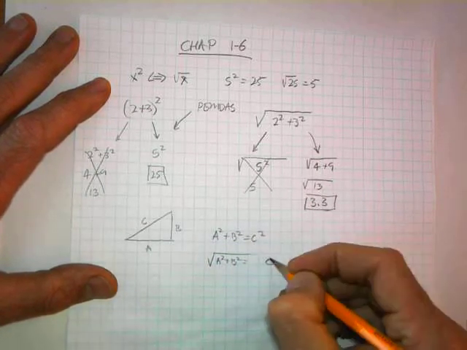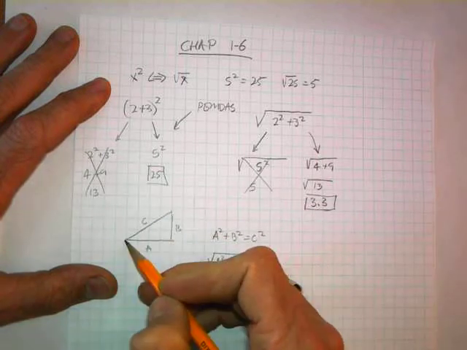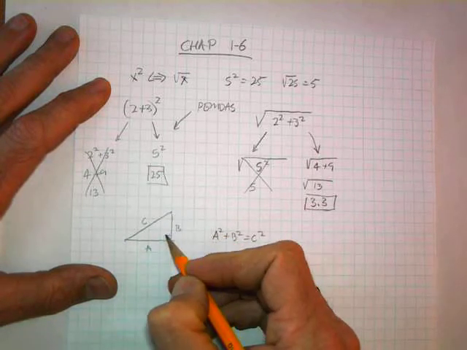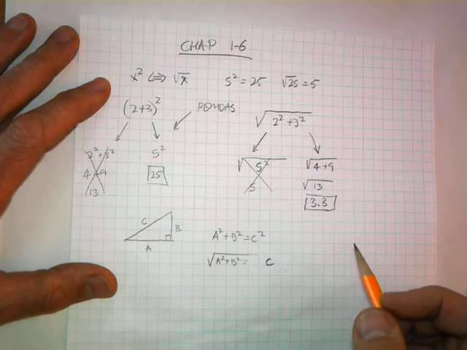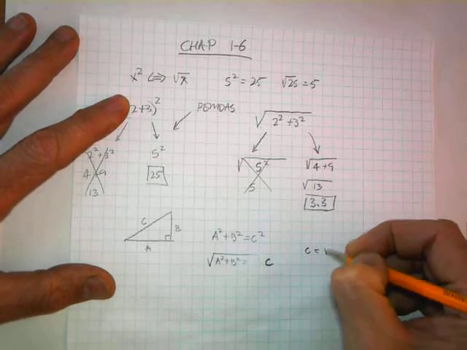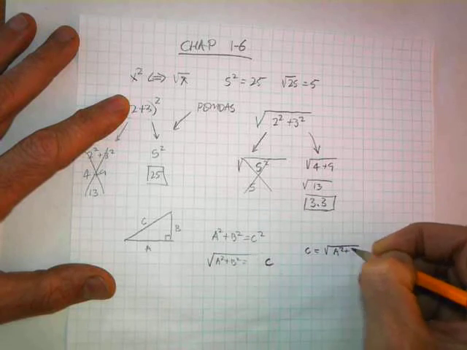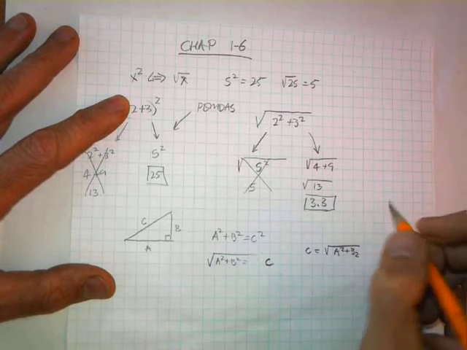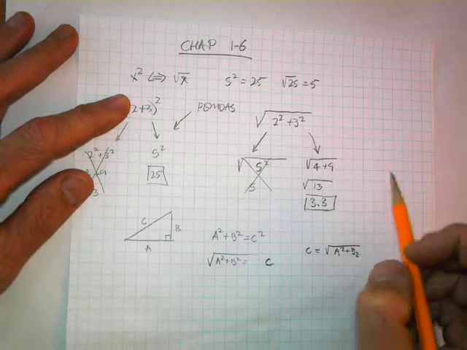Okay, so what C tells you is the length of that triangle side that is opposite of a right angle. Or written differently, it is C equals the square root of A squared plus B squared. Now, what about for a line?